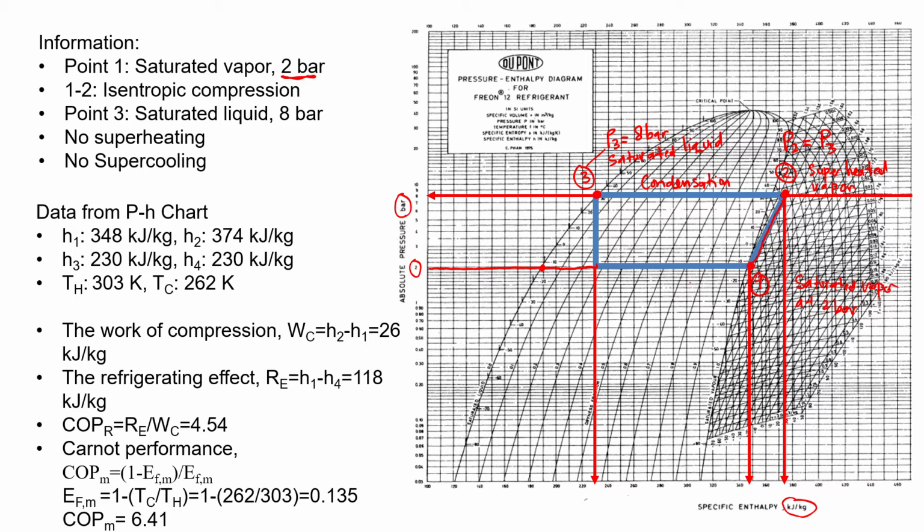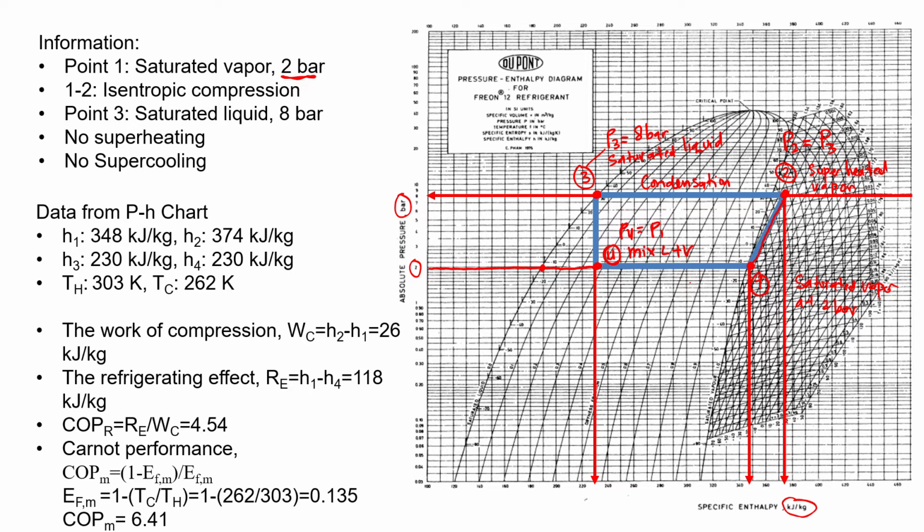Then we have expansion. So its enthalpy expansion goes straight down. It brings us to 0.4. What we know is the pressure is equal to P1, so P4 equals P1. And the point is somewhere in the middle, so it is a mix of liquid and vapor.